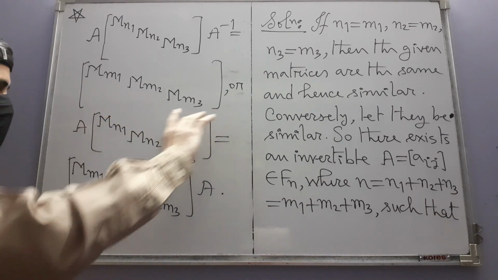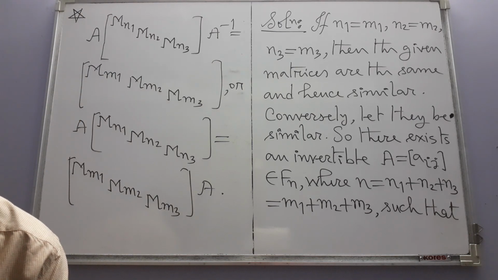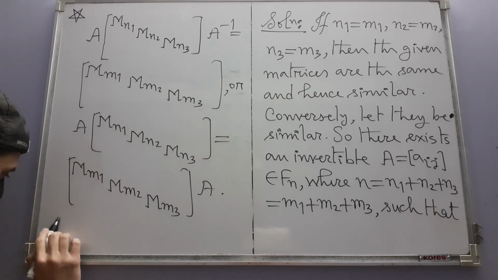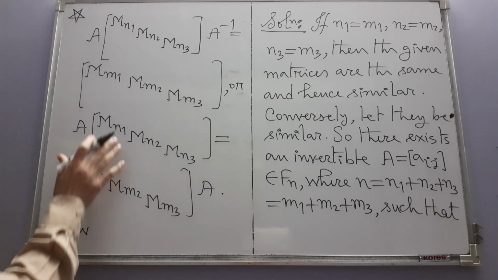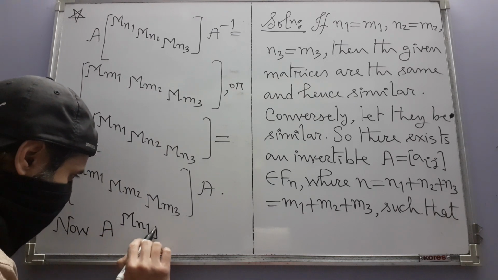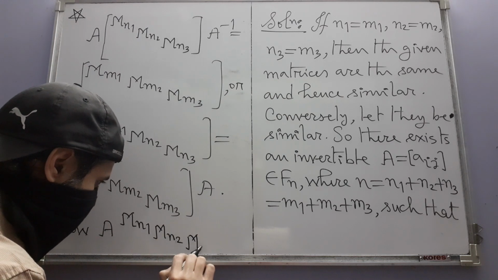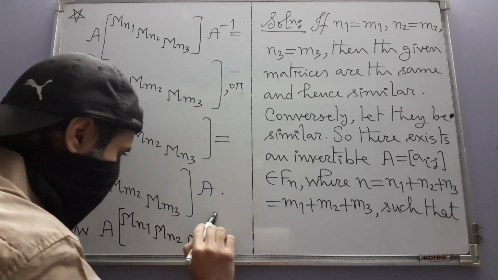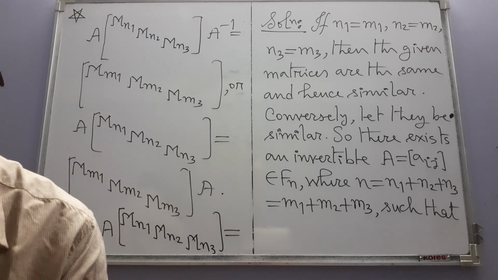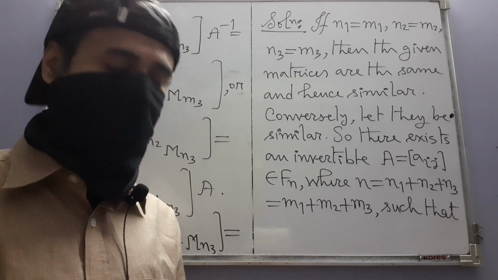So we are going to first of all write this product, and it's going to take so much space. Let me start here itself now. A times the matrix with blocks N1, N2, N3 is equal to, the pattern will be exactly similar to the pattern you already saw in the third exercise solution.